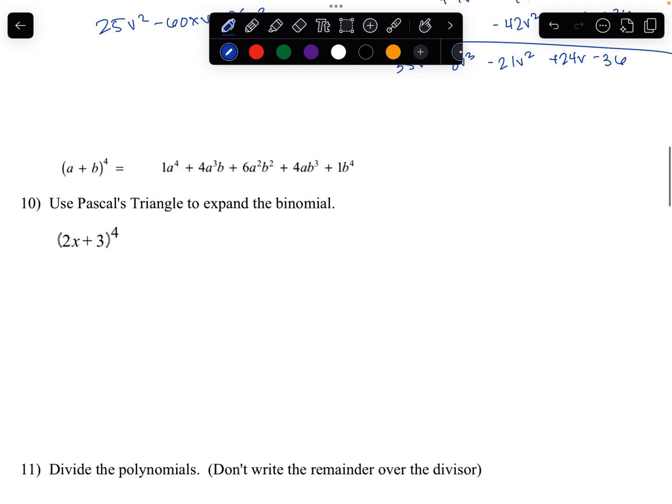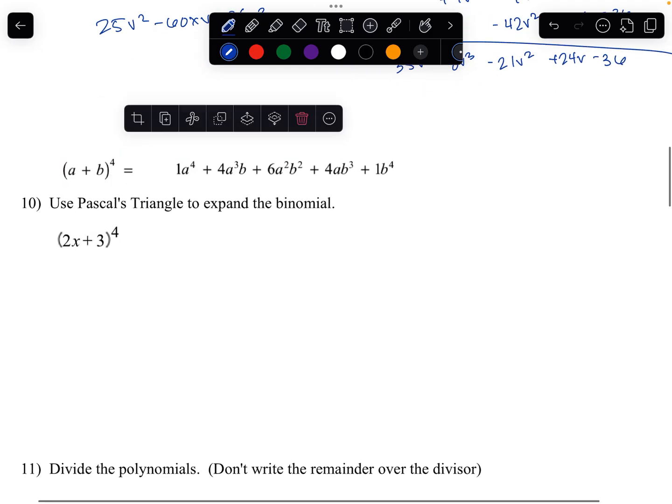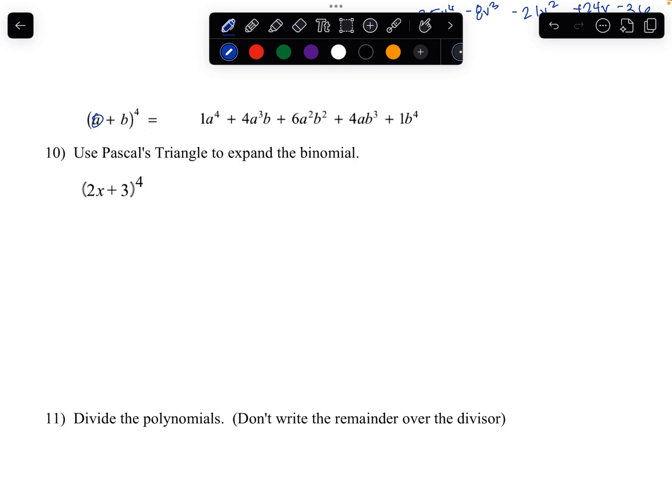You'd be looking at using this line of Pascal's triangle, where for A, you have 2x, for B, you have 3. So this is what you're going to write out. You're going to have 1, I'm not going to write the 1 though, but I'm going to have 2x to the 4th, just like how we have it here.